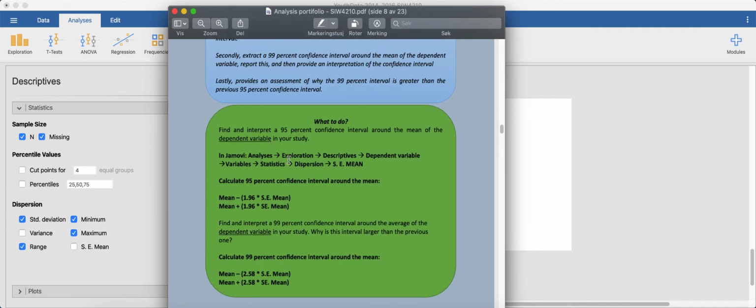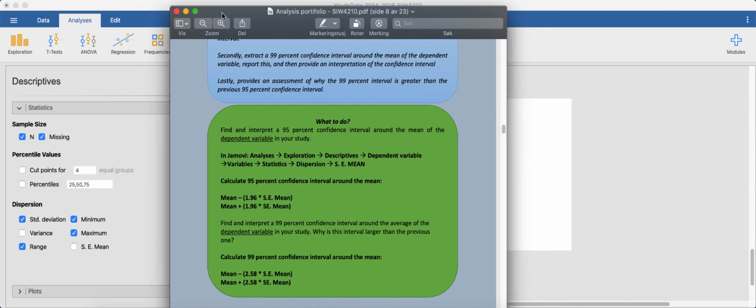And here you have to do a bit of calculation. You have to calculate the 95% confidence interval around the mean and the 99%. You have to take the mean and subtract or add 1.96 multiplied by the standard error of the mean.